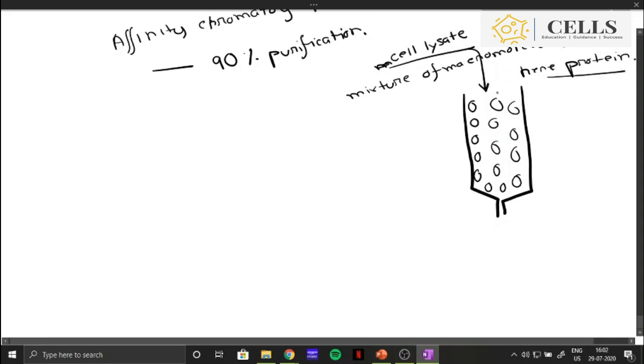So I have to isolate a specific protein from the cell lysate.